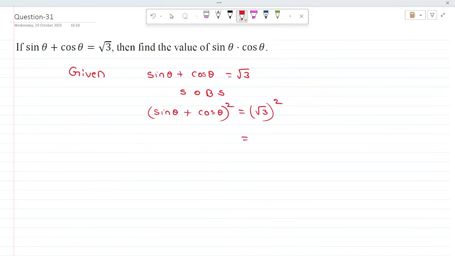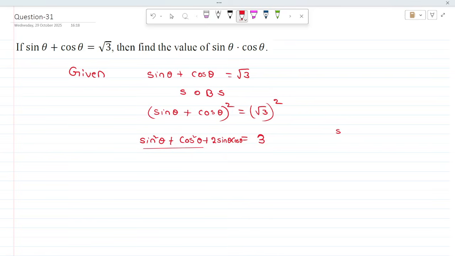Right side, how much is it? 3. Left side is like a plus b whole square. What is its expansion? A square plus b square plus 2ab. Agree with this?